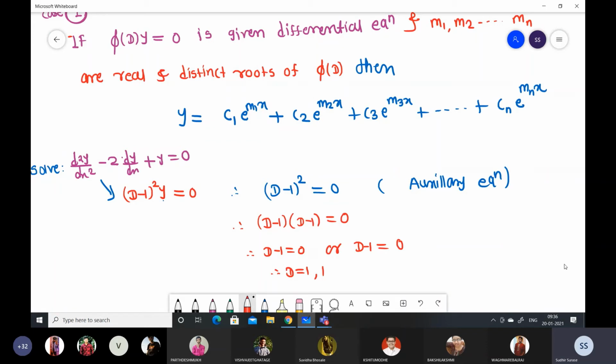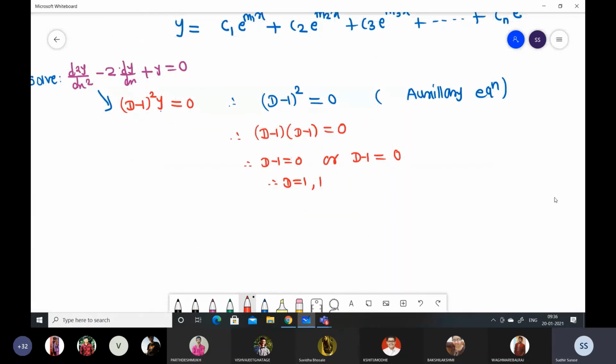Now in this case, how are we going to write the solution? In this case, we have to make a little change. In the case of a repeated root, we have to write the solution as y equal to, as we noted earlier, if you get one root, then corresponding to that we write the term c1 e to the power that root. Here we have 1 times x.